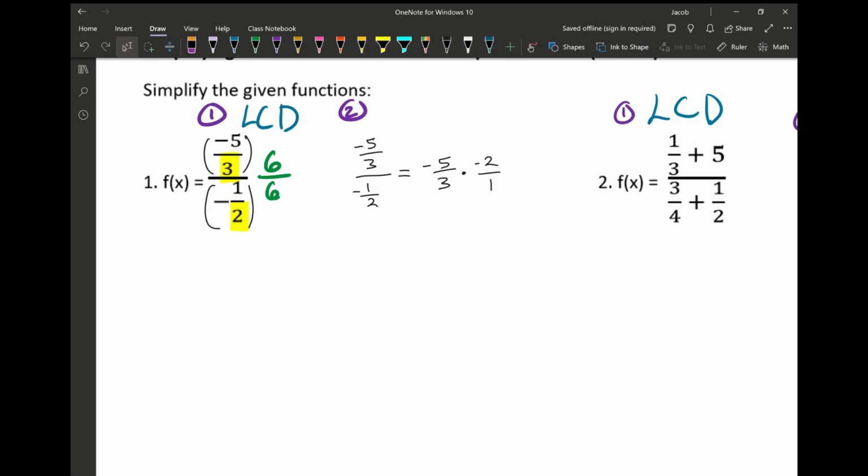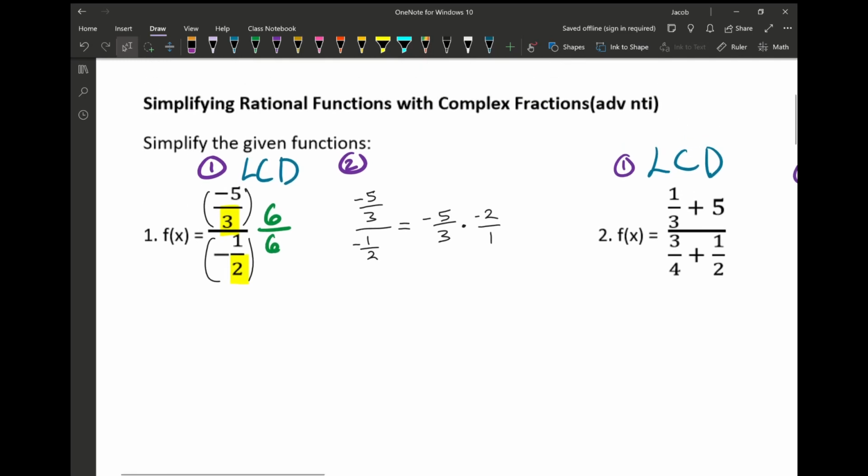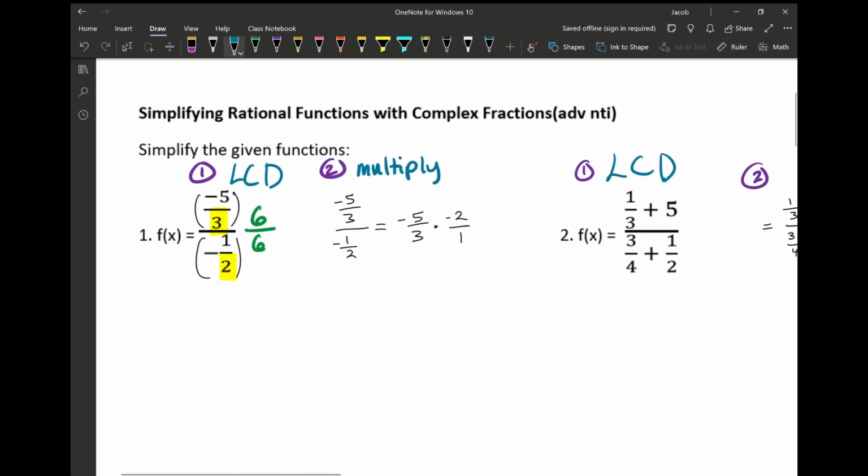Now I'm going to pause that one and then look at a different way to simplify this fraction. The other way to do it is just to multiply by the reciprocal. And this will be alright for something as simple as this one, but it could get pretty nasty looking when we have binomials.